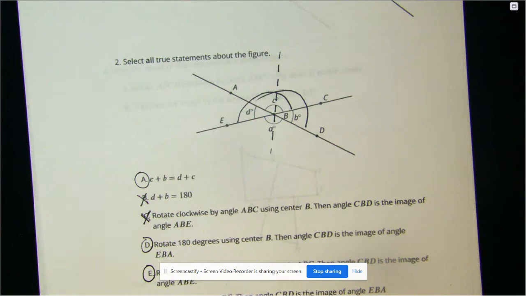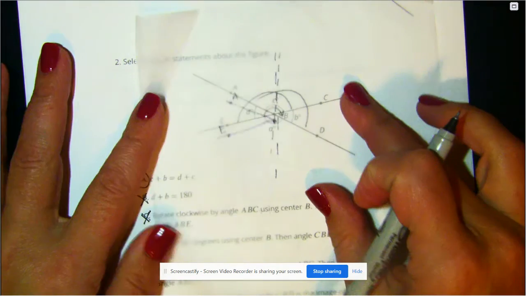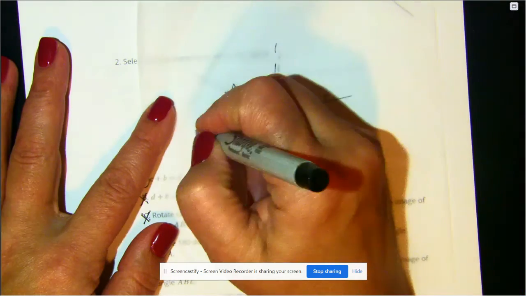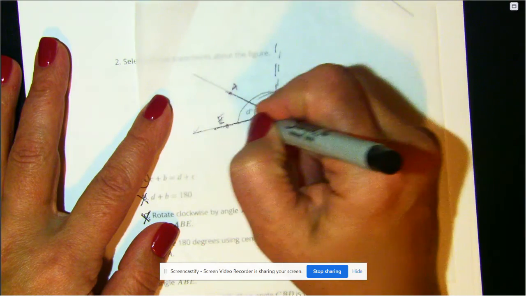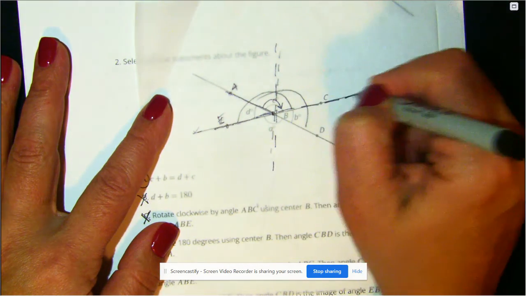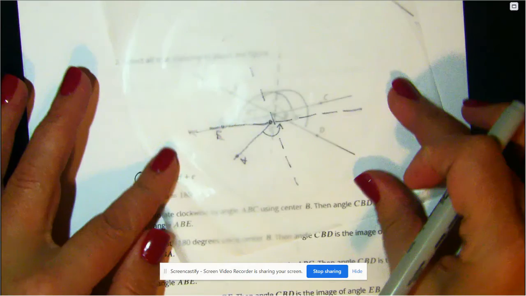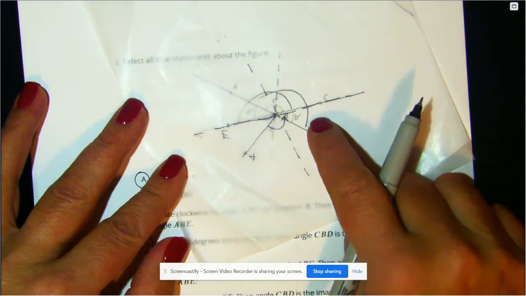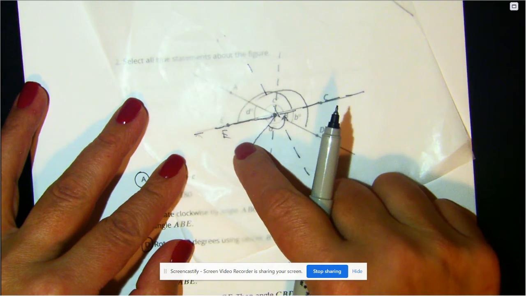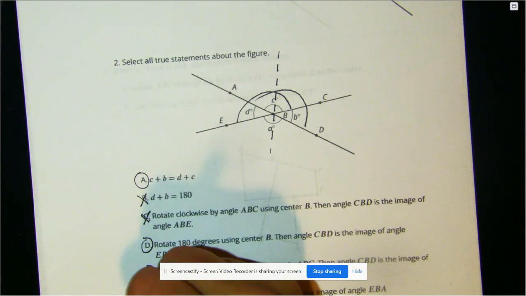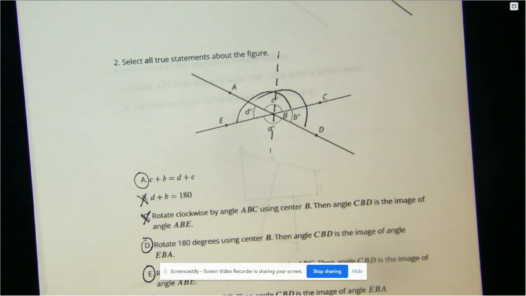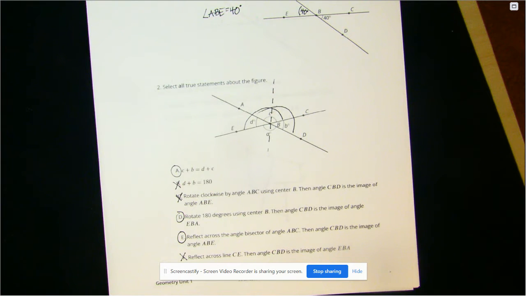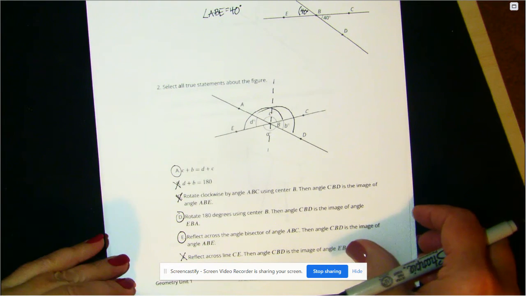And finally, reflect across line CE. All right, let's draw. So they want me to reflect it across this line. That angle is definitely not in the right spot. So our choices were A, D, and E with our good friend Patty paper. All right, we did not do number 3.